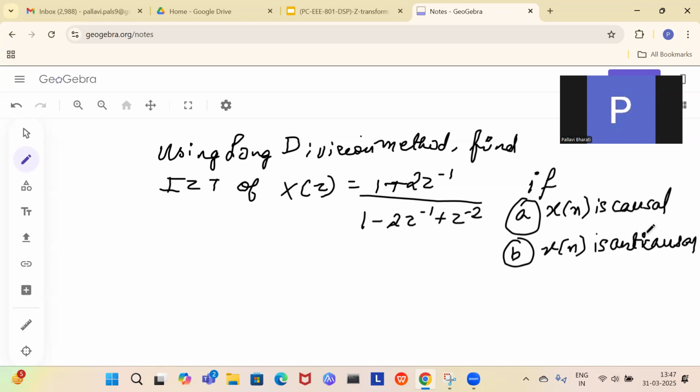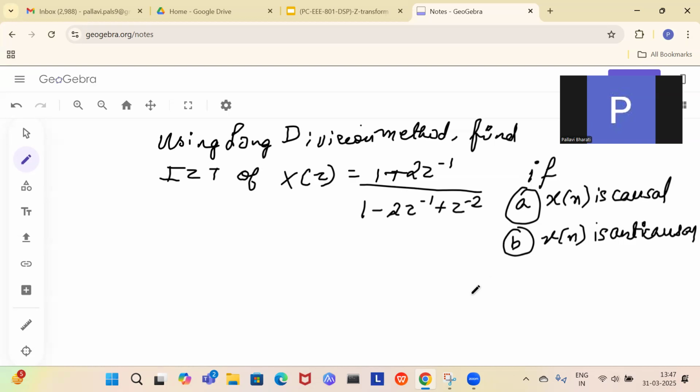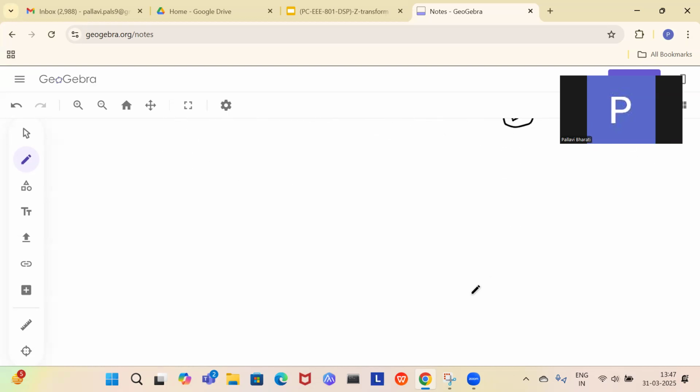If they are asking you only for the causal part, then the process of dividing will change. Why? Because in the causal case, the ROC is outside of the unit circle, or you can say outside of that particular point from where it is starting.